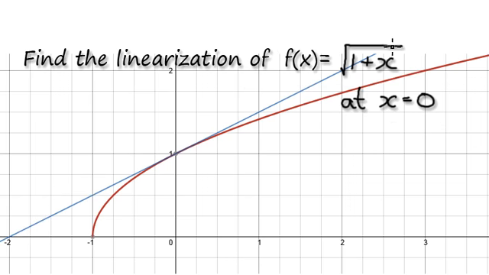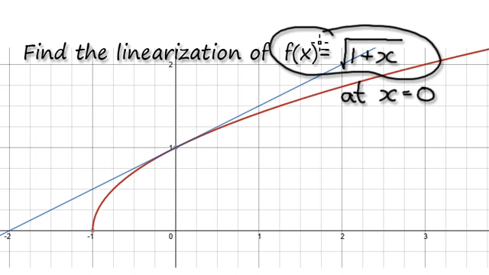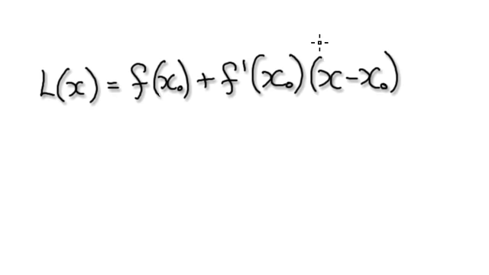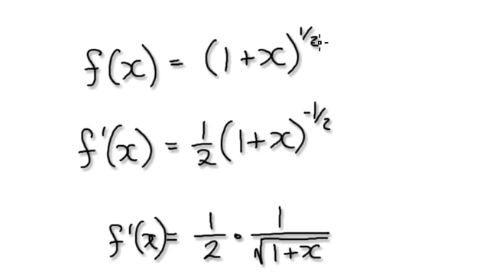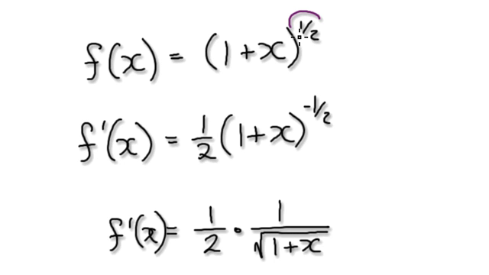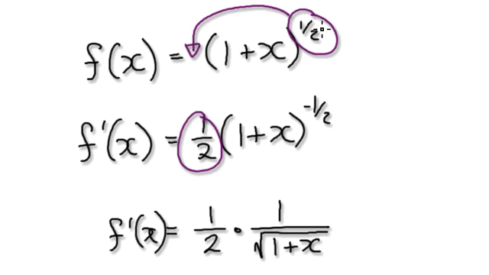Okay, so to do this, rewrite this thing as to the power of a half. So f of x is that thing to the power of a half. Now we need to find the gradient at that particular point, so we need to differentiate this. When you differentiate, the half goes down, and the power itself gets reduced by 1.